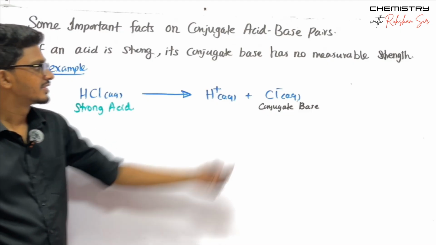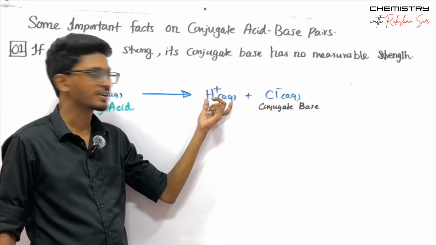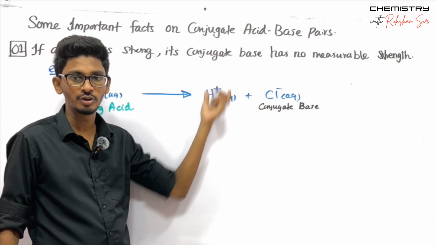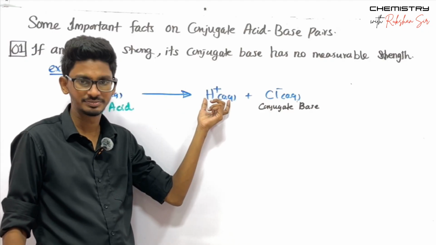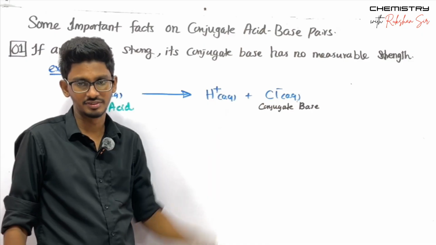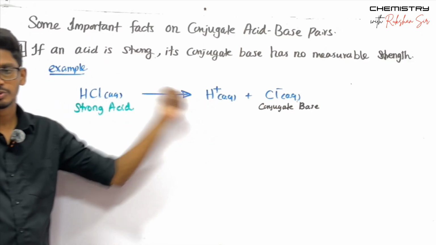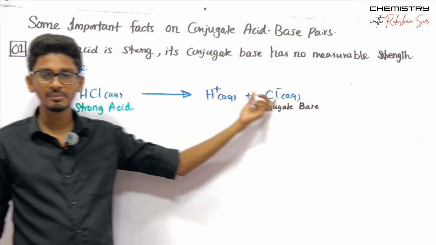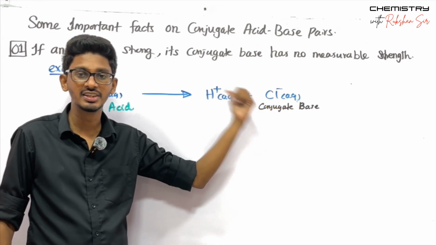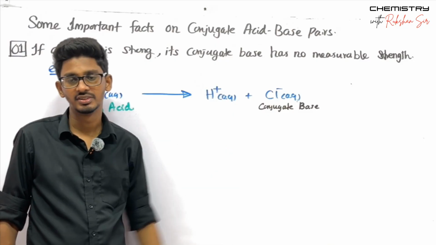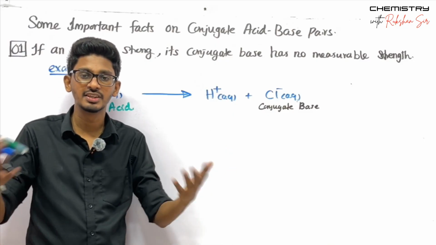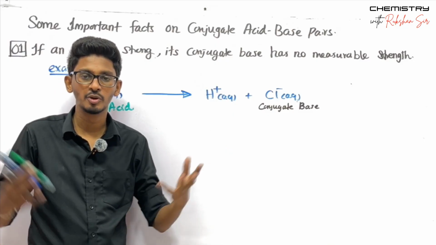That means Cl minus is not attracting H pluses, not accepting H pluses to produce HCl. That means Cl minus has no basic property. Bases are the ones which accept H pluses according to Bronsted-Lowry theory.